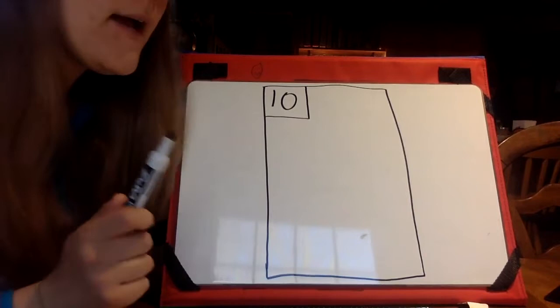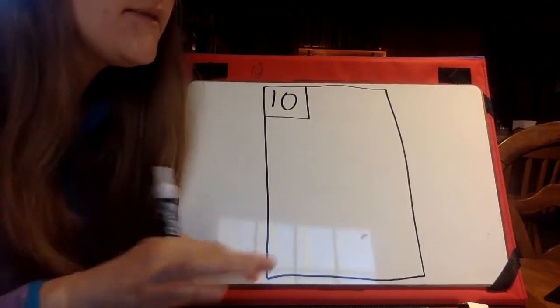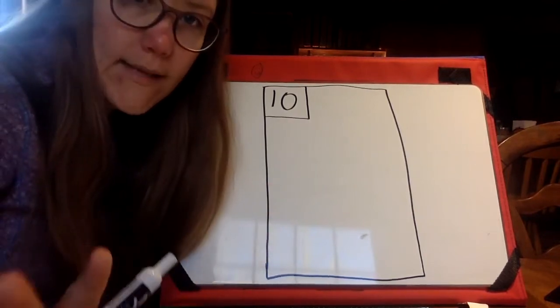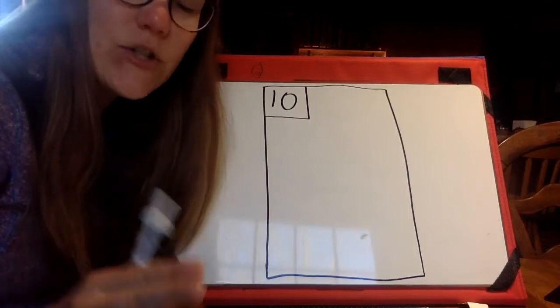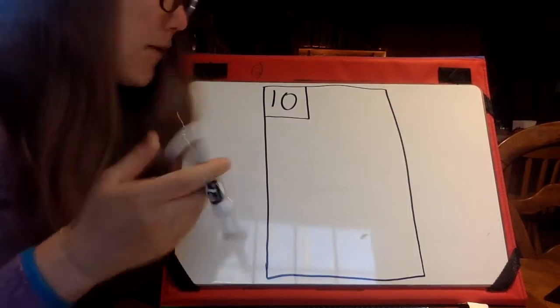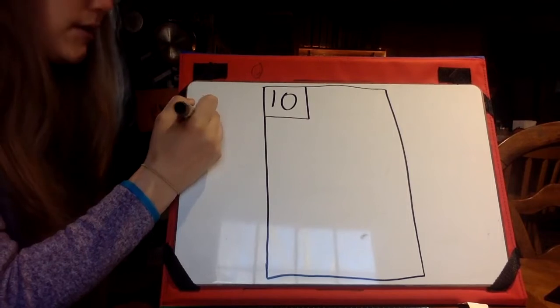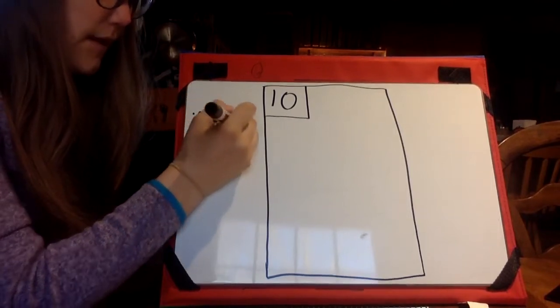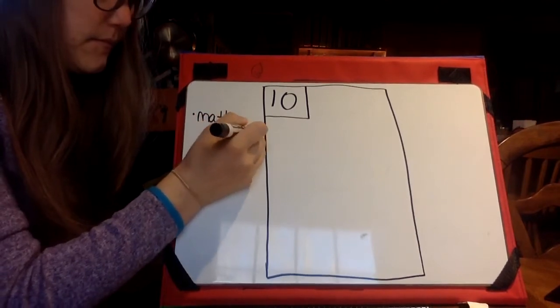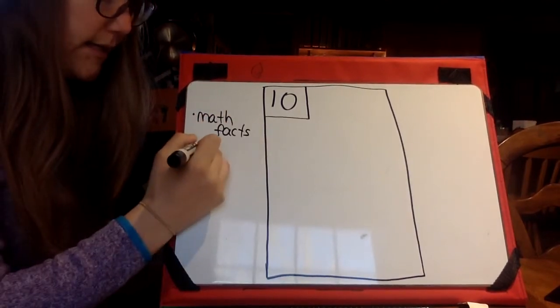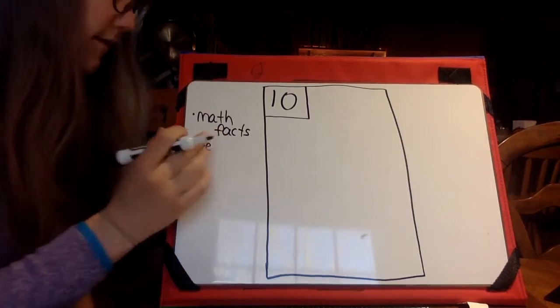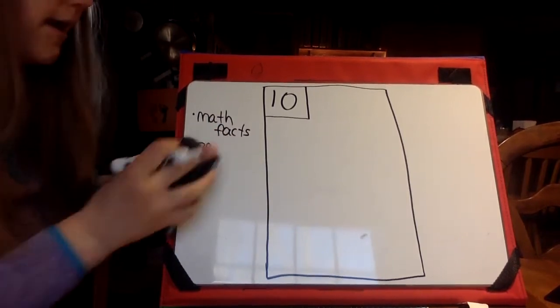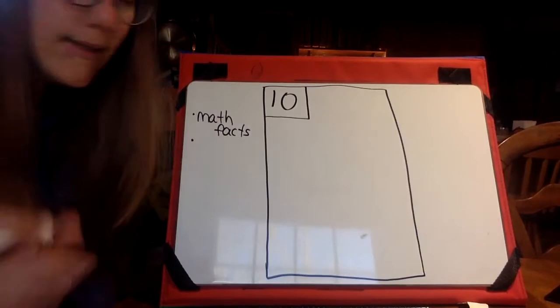So the number 10, when I'm thinking about name collection boxes, I'm thinking about all the different ways to say 10, to show 10. So I can definitely do math facts, right? I did pennies or coins on the last one, because if it was, we might need more than pennies.